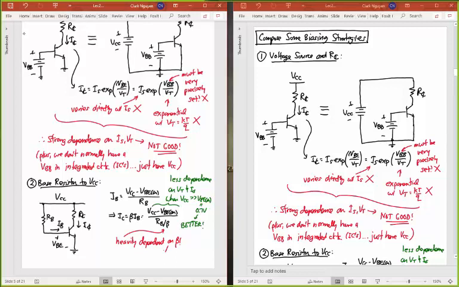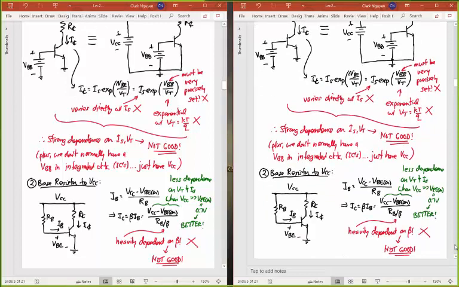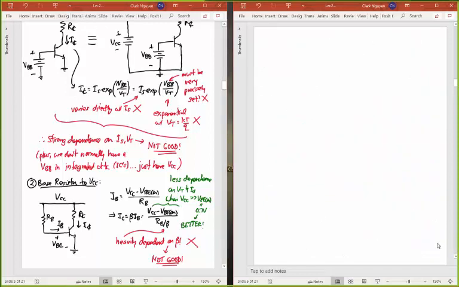That's not good. Because remember, beta is one of these things that can change quite a bit with our process technology. Okay, so how do I reduce that dependence on beta? And so let's try another circuit to try to reduce that dependence on beta.